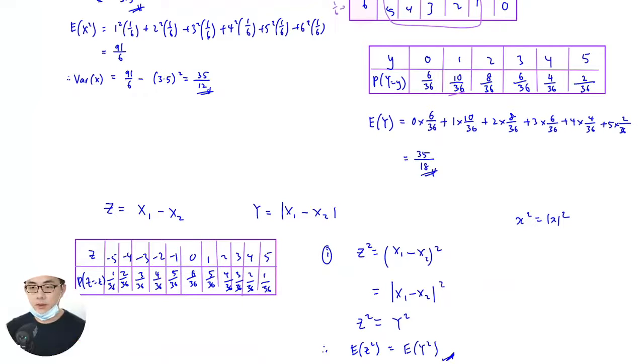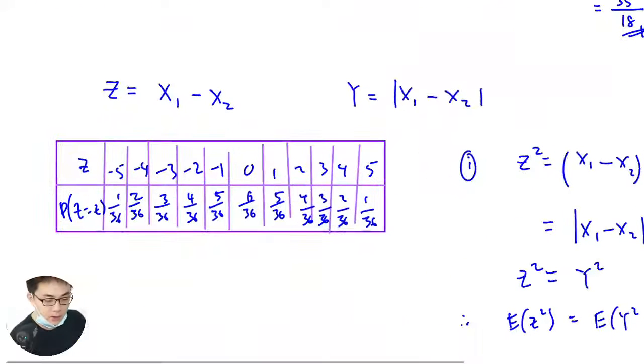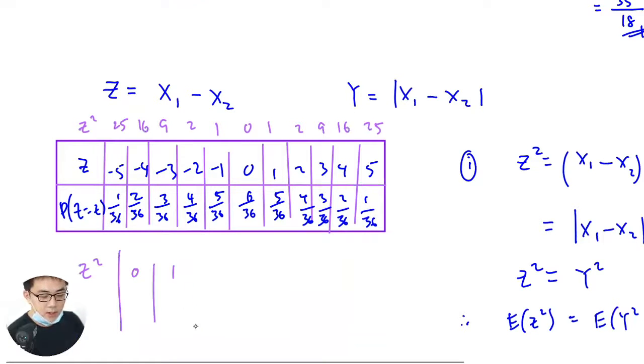No, right? Do you see the distribution table is different? So the spread will be different. You don't times twice the probability. Let me show you how it becomes. Z squared, this will be 25, this is also 25, this is 16, this is 9, this is 4, this is 1, 0, 1, 4, 9, 16. So Z squared would actually be 0, 1, 4, 9, 16 and 25.